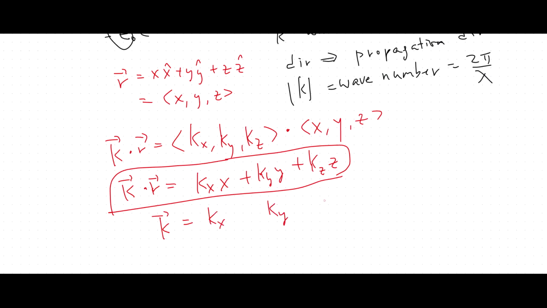So if I want to write it in the vector form, this is what it looks like, right? Any vector: x component times x hat, y component times y hat, and so on. But when you look at this, what can you tell me? They look exactly the same except one with the hat, the other one without the hat, right?